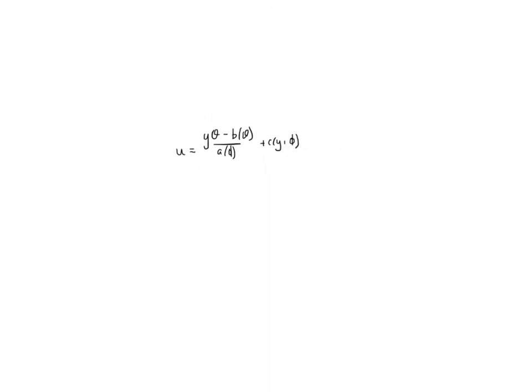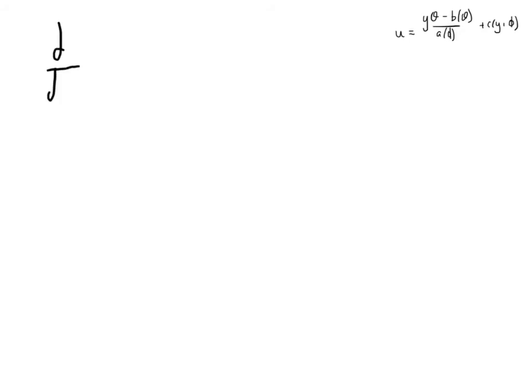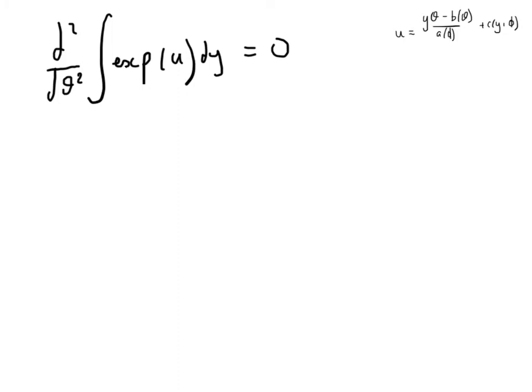And we're using that throughout. So, finding a second moment, we know we're going to need to take the second differential of the integral of our exponential family function, which is exp of u, and we know that's going to be equal to 0.